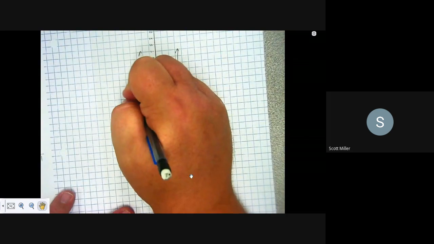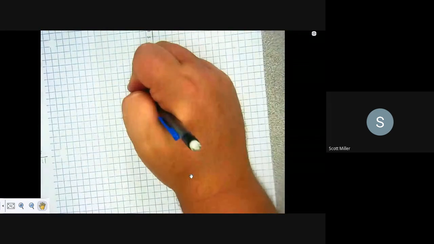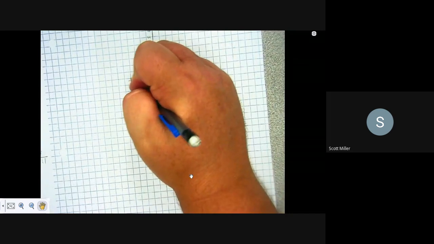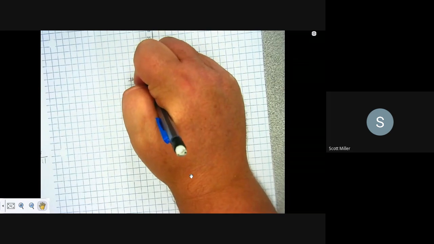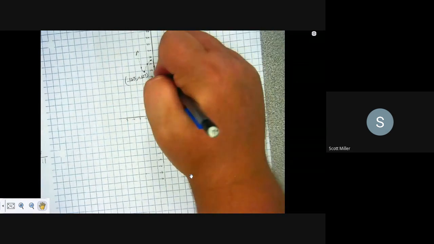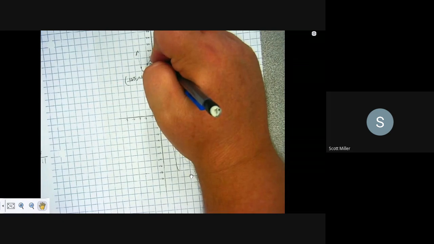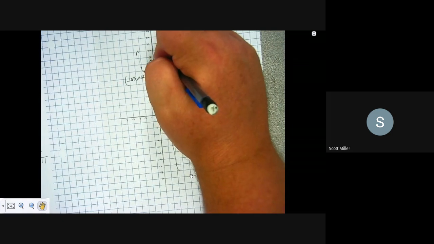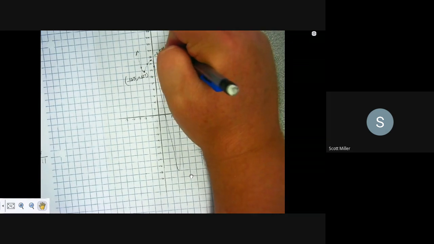So this was a negative, look at it over here, we had a negative 1.675 and 13.827. This was 0, 15. This point right here is a negative 0.539 and 17.072.